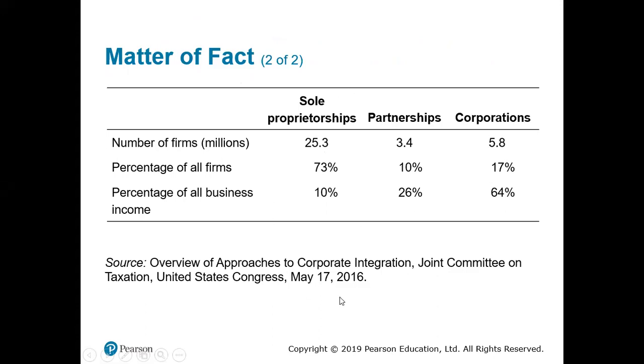So this is from the US. Like most of the firms are into sole proprietorships. Corporation is only 17% out of 100%. However, when it comes to income, it is the corporations that garnered 64%. So it doesn't follow the more the merrier.